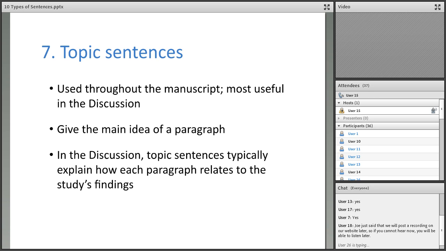So it can be difficult to follow who did what and whether the information that you're talking about is from the present study or from somebody else's study. So these types of sentences are going to clue readers into why you're talking about what you're talking about in that paragraph. And in the discussion section, these types of sentences typically relate to the study's findings.